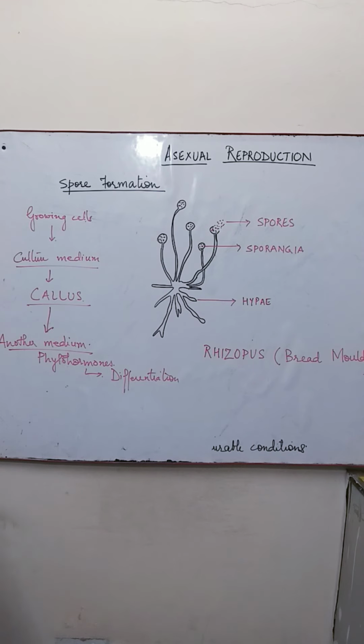Similarly, the artificially grown cells, known as callus, are transferred to another medium carrying the phytohormones, and this initiates the differentiation, and the cells then acquire different functional capacities. The plants which have come up from these cells are then transplanted to the soil where they can be grown.